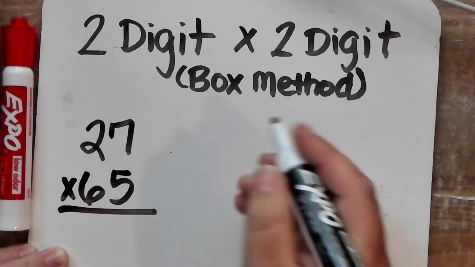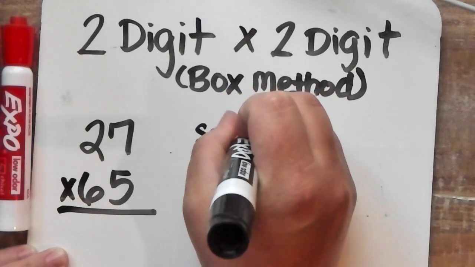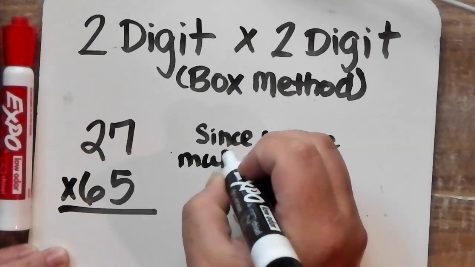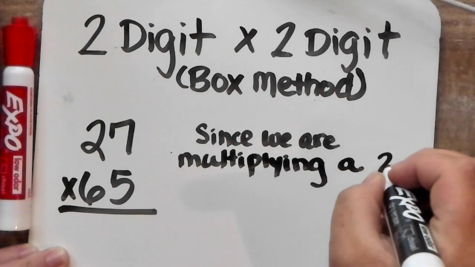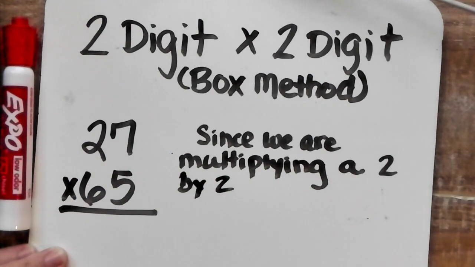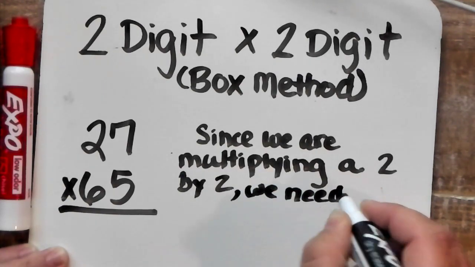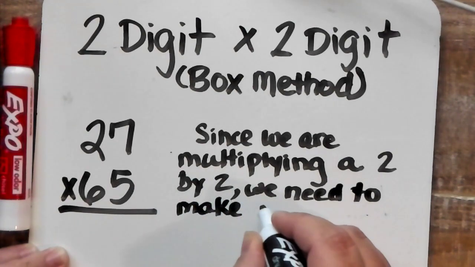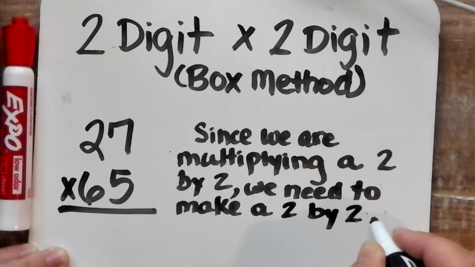Okay, now, since we are multiplying a 2 by 2, the first thing we're going to need to do is make a 2 by 2 box.